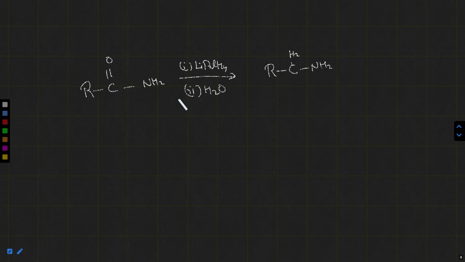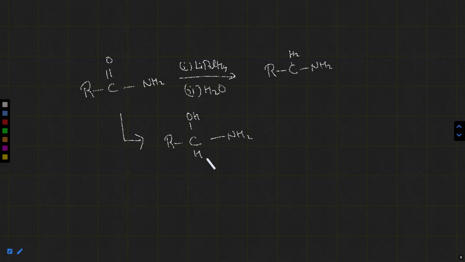So in the first step, what will happen? This LiAlH4 will donate a hydride on the carbonyl center and reduce it to this kind of group. Okay, here we have NH2 and here we have H.